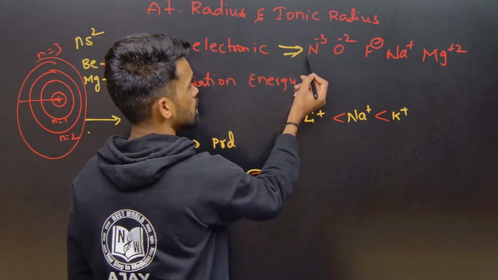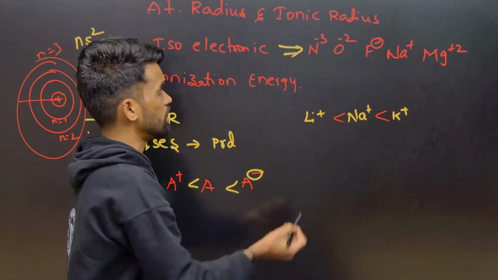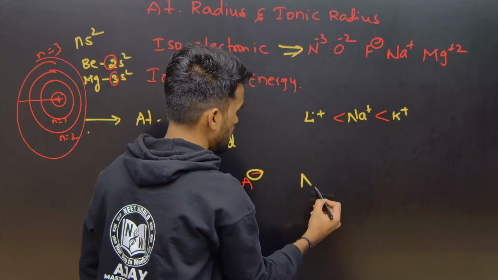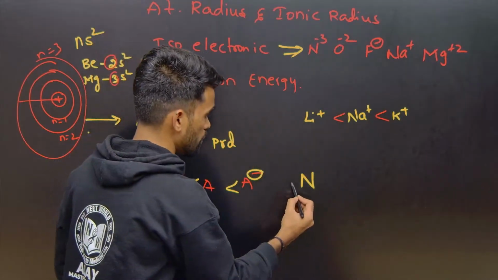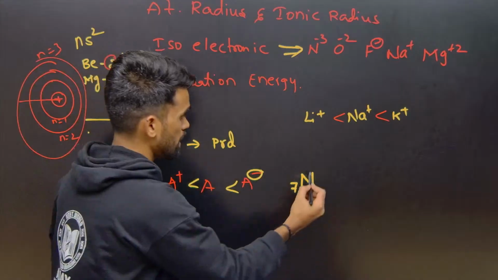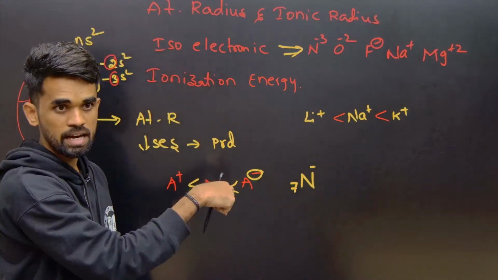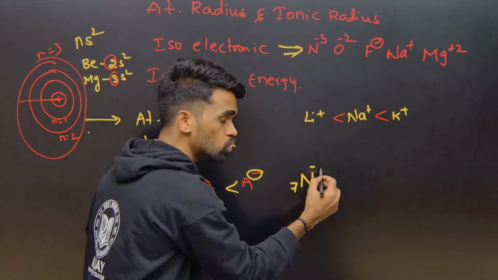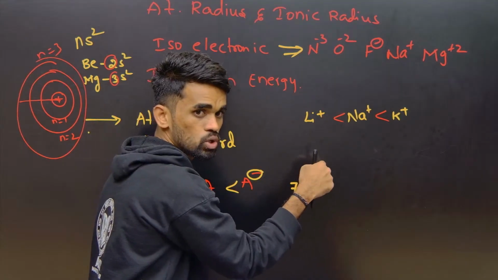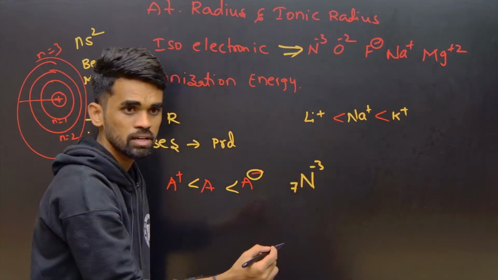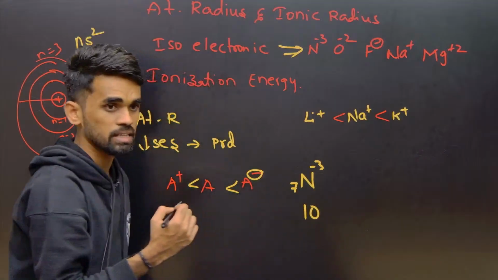What is the atomic number of nitrogen? 7. If I write minus 1, one electron is added, so 8 electrons. If I write minus 2, two electrons are added, so total 9. If I write N3-, total 10 electrons are there in this species.